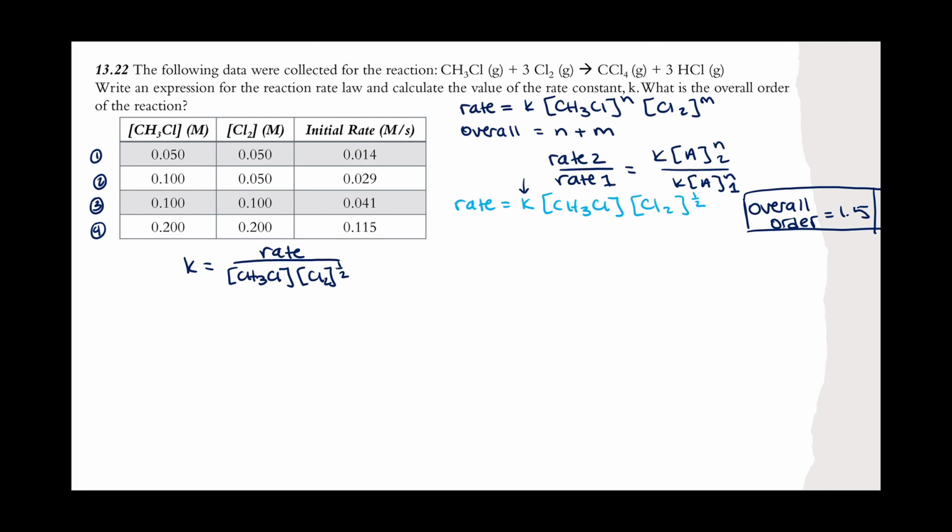You don't want to forget that exponent. It is common to accidentally forget that, but we really want to be careful and make sure that we include that. Next, I'm just going to plug in values. Our rate is 0.115 molarity per second divided by the concentration of methyl chloride times the concentration of the chlorine gas raised to the 1/2 power.